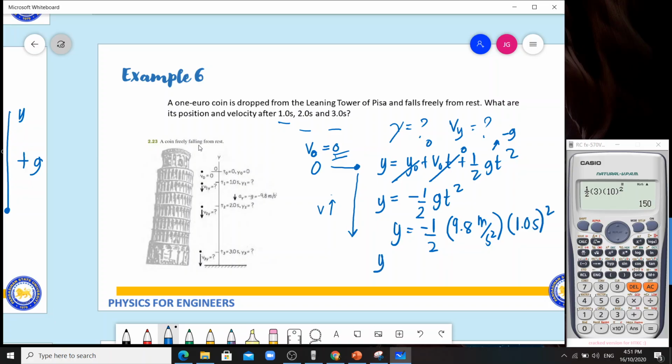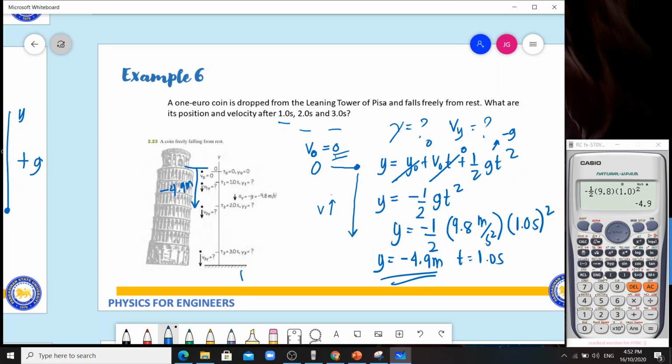So our y at 1 second is negative 1/2 times 9.8 times 1.0, which is equivalent to negative 4.9 meters. That is its displacement or position at time 1.0 seconds. Negative because it goes downward from your datum. So, negative 4.9 meters.